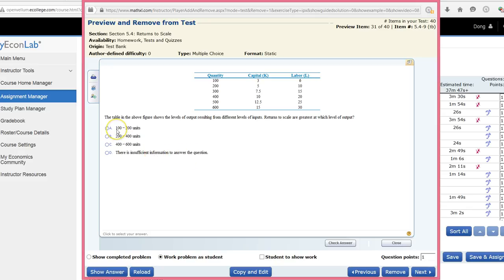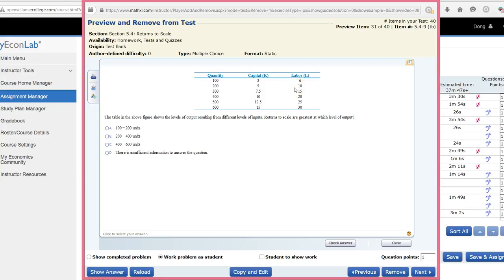So we just check each of these choices. A, 100 to 200 units. From 100 to 200 units, the output doubles. So what happens to the inputs? The capital increases from 3 to 5, and the labor increases from 6 to 10.